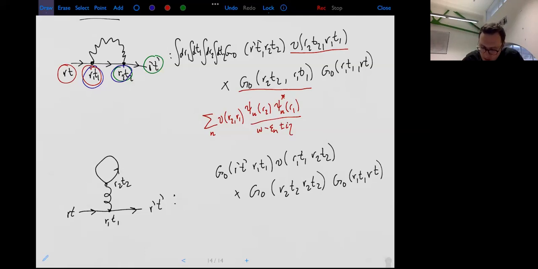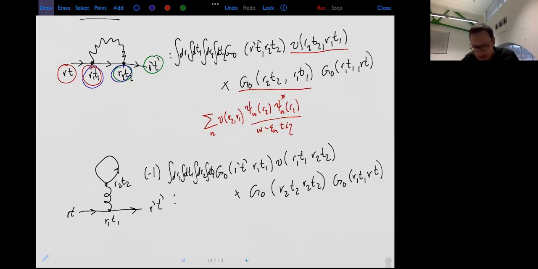So I've written all the Green's functions and interactions down with the correct space-time points. And then I need to again do this integral dr1 dt1 dr2 dt2. And finally, I have to multiply with -1 because I have one closed loop in this diagram.